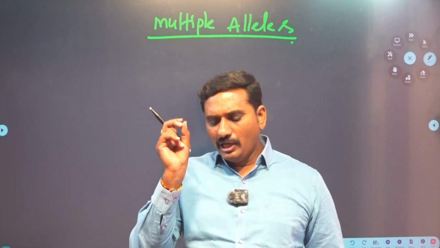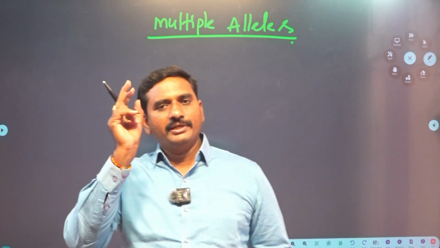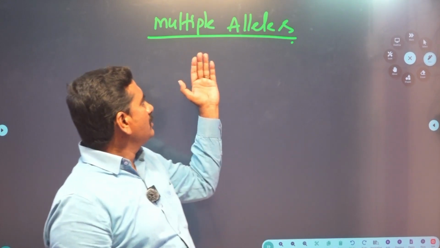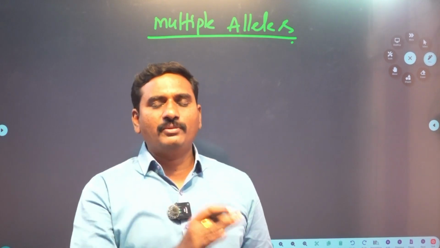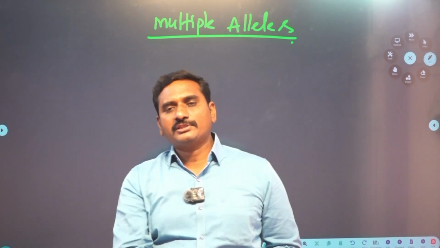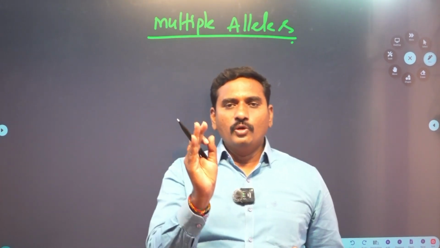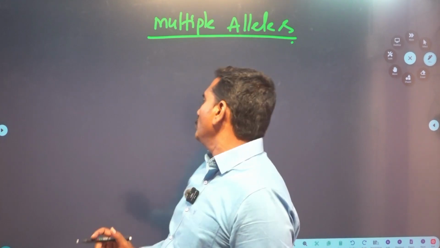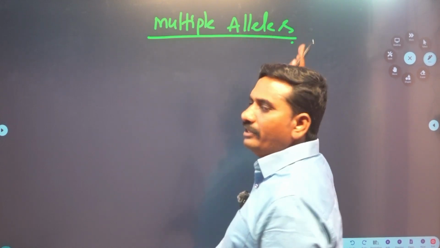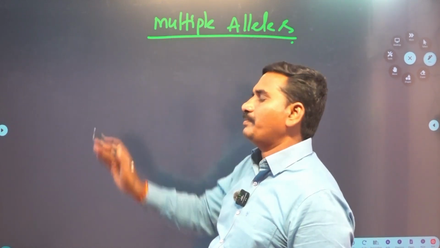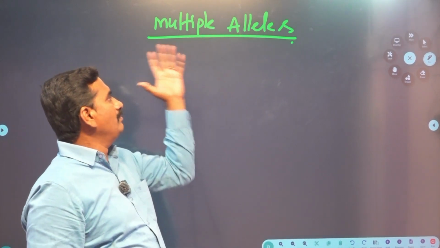That means at the locus, two alleles are present for all characters, but in some characters like blood groups, they are regulated by more than two alleles at the locus of the homologous chromosomes. So, if the alleles are more than two, they are called multiple alleles. Such a condition is called multiple alleles.